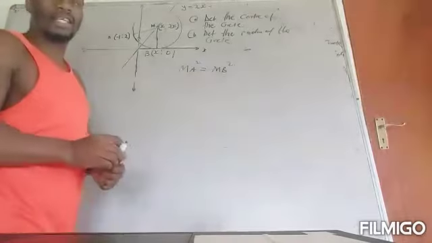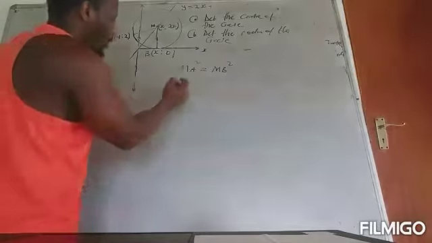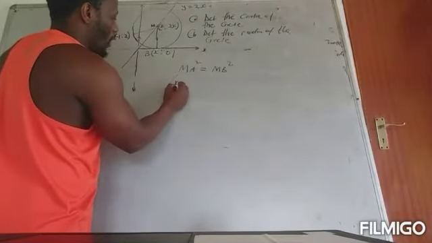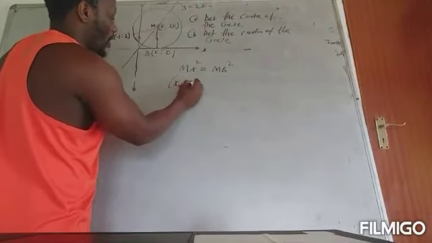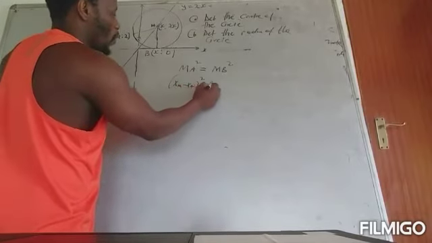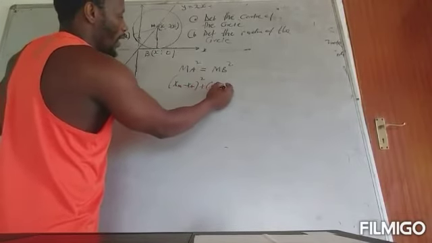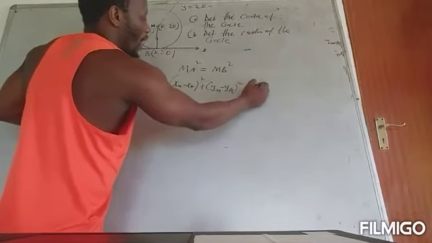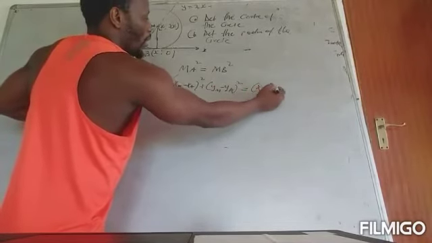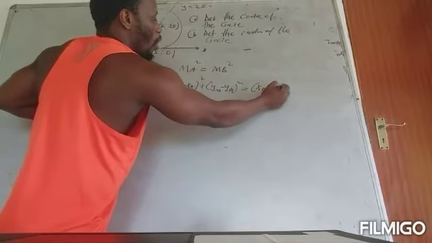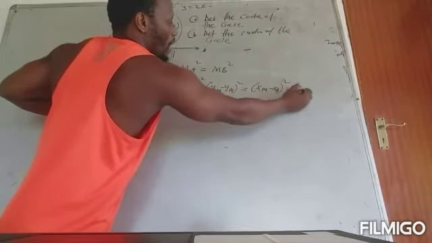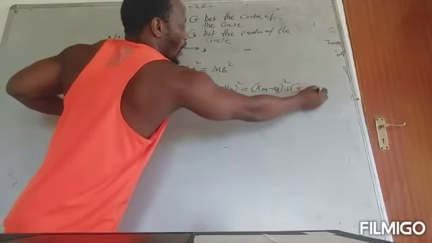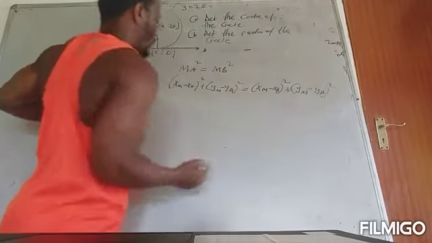Using the distance formula, we get x at M minus x at A all squared plus y at M minus y at A all squared is equal to x at M minus x at B all squared plus y at M minus y at B all squared.